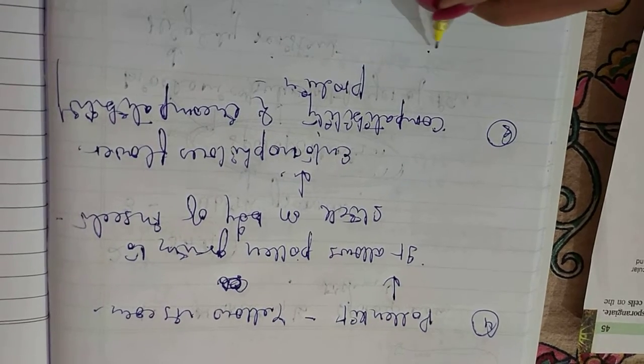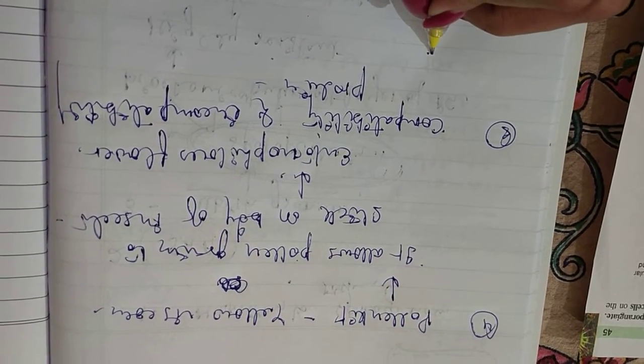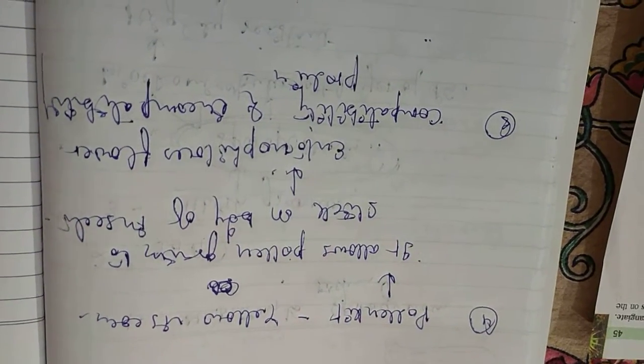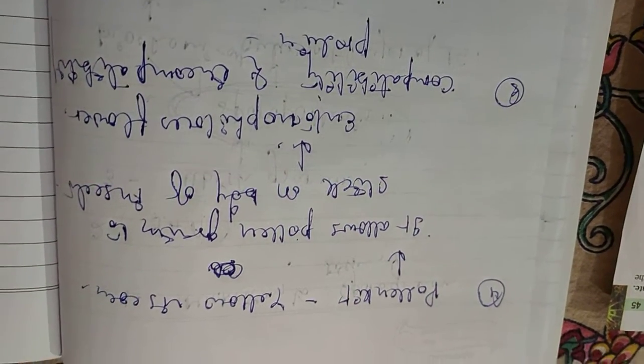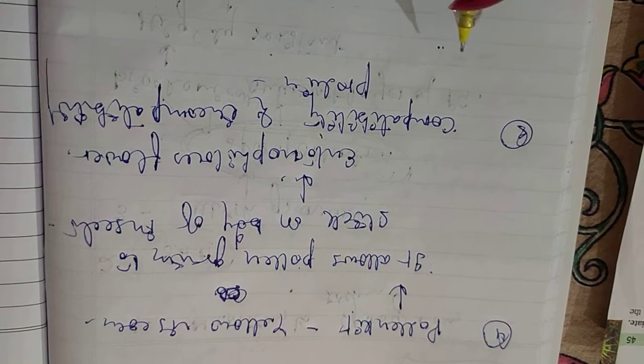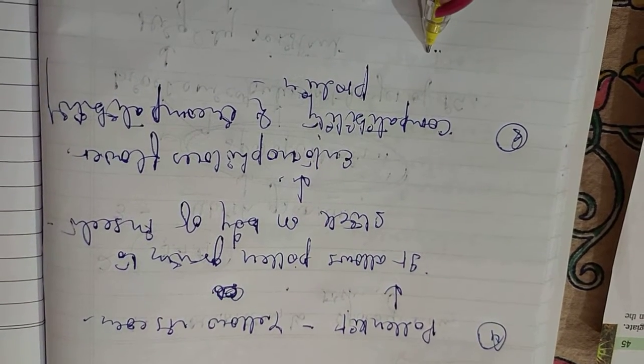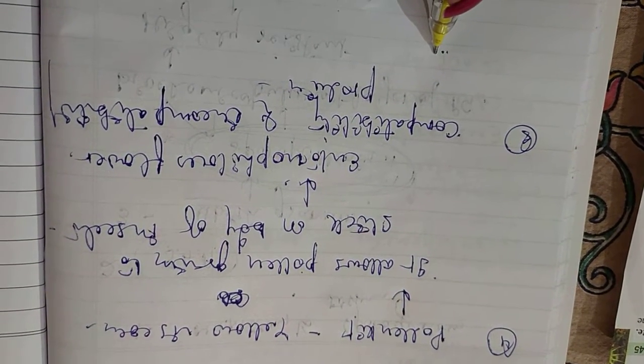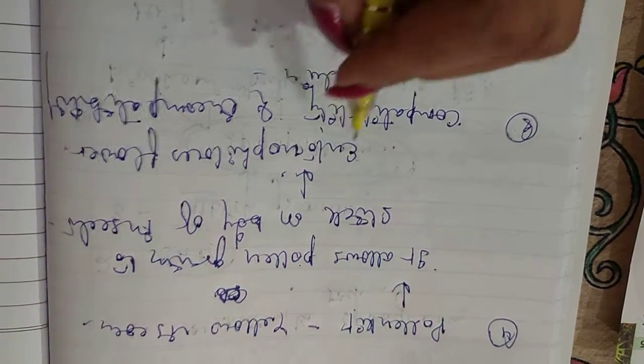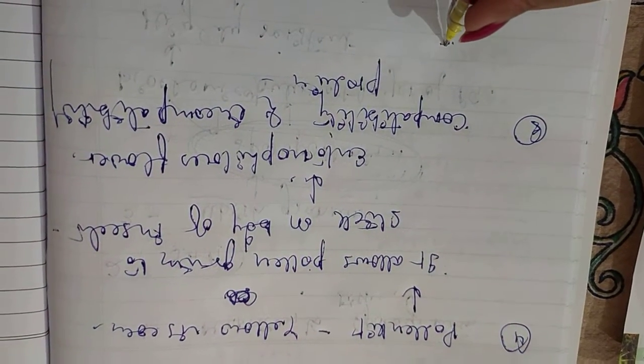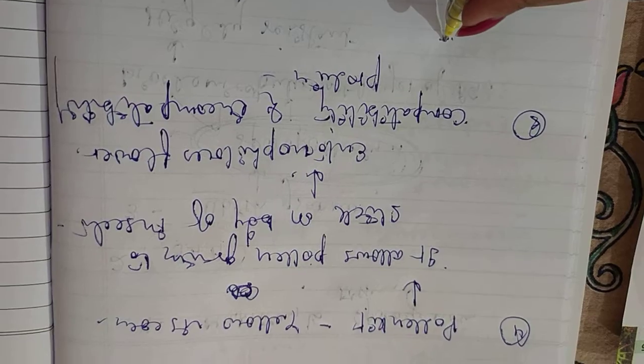So due to lack of this filter, the flower has the capability to reject such types of pollen, recognizing that this is not its pollen.